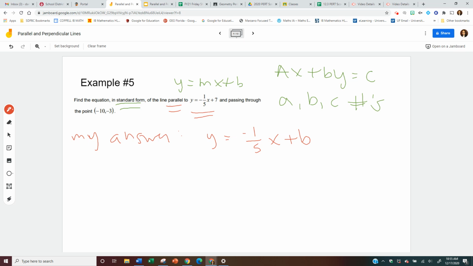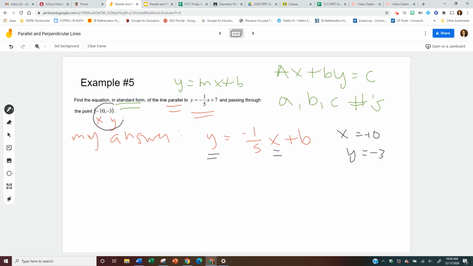Then it gives me a point. It says I have -10 and -3. -10 is an x value, and -3 is a y value. And that's really significant for me because in my equation so far, I have a y and an x value, and I'm going to substitute so I have x is -10 and y is -3 from the point that I was given.